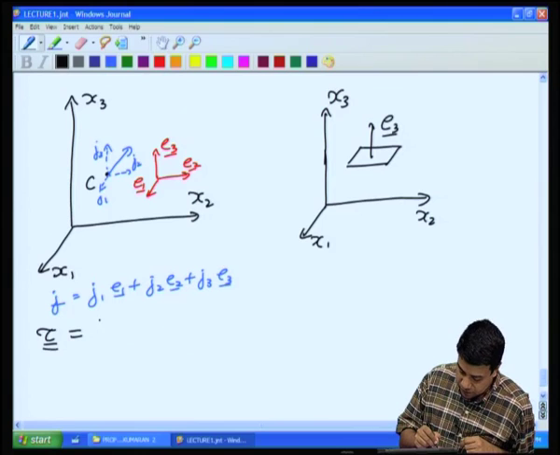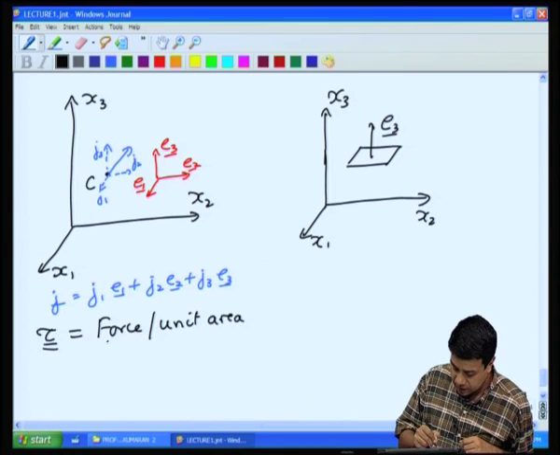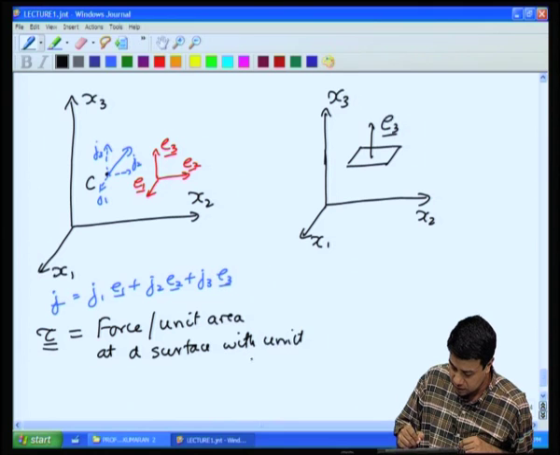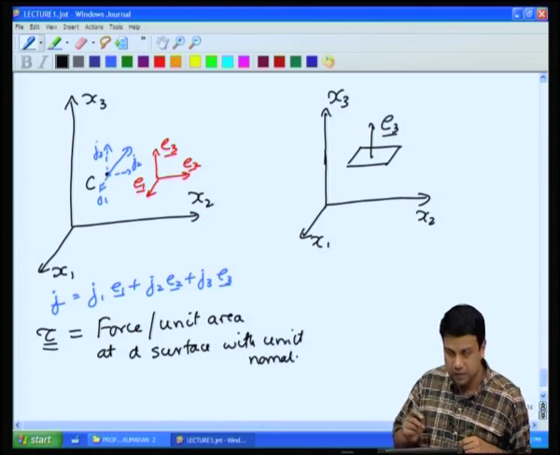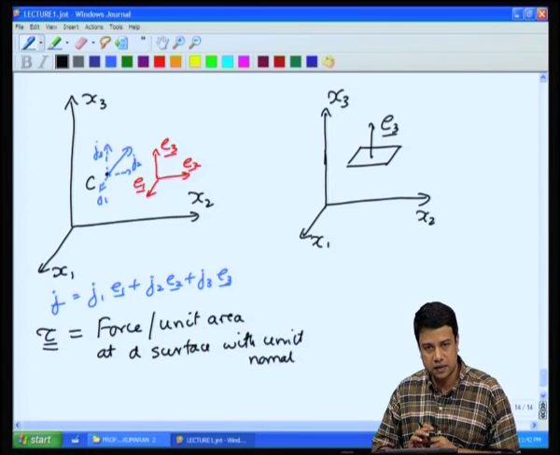It is written as the force per unit area, okay, at a surface with unit normal.